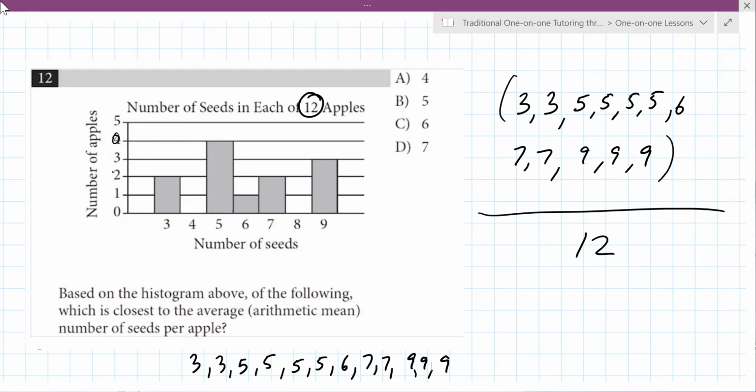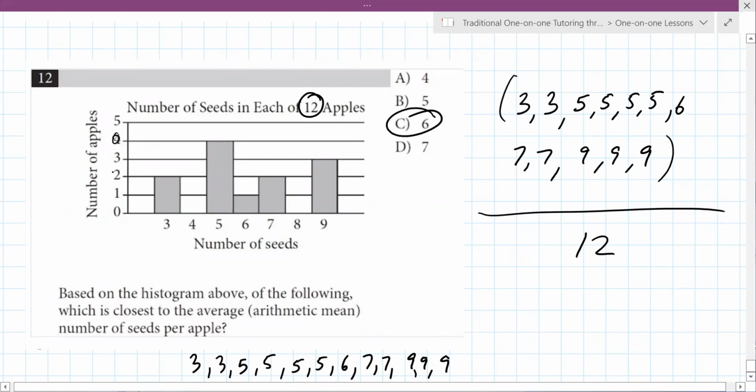This one says which is closest, so 6. Yes. All right.